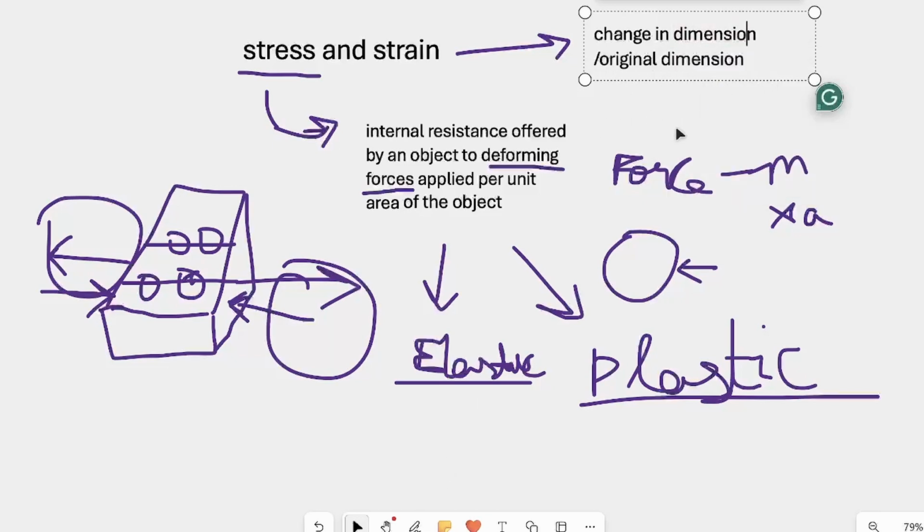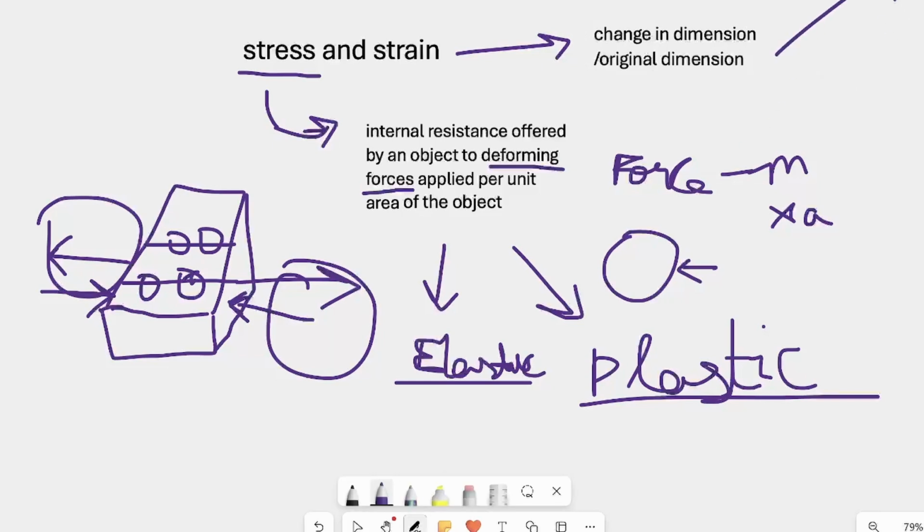The dimension can be length, width, or it can be height. Okay. So because of stress, this strain is developed, or in further videos, I'll also be talking about how because of strain, the stress might be developed.